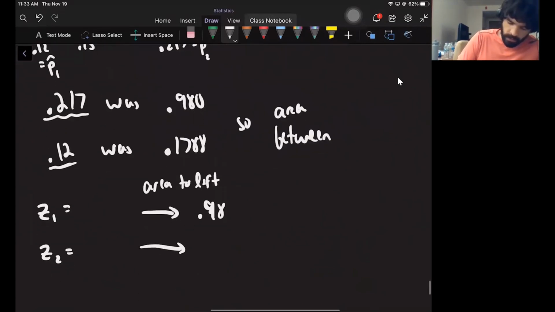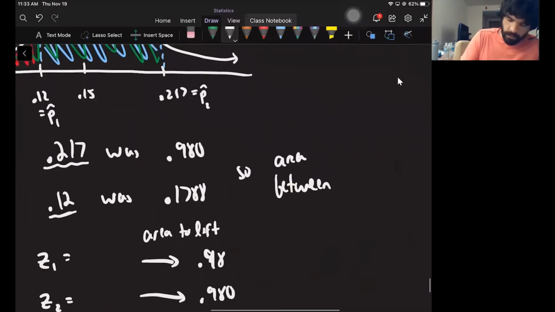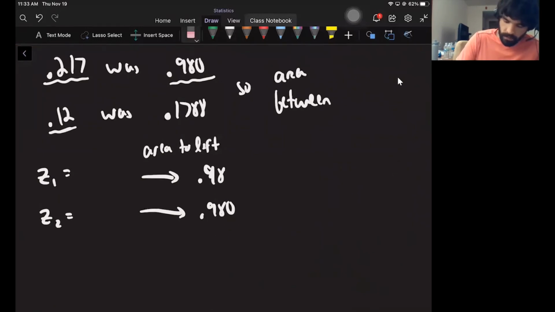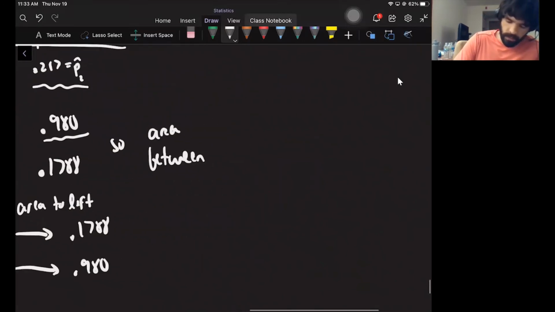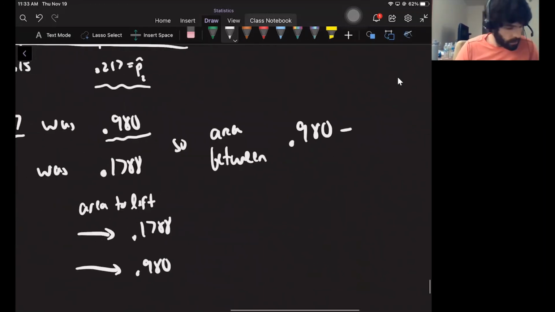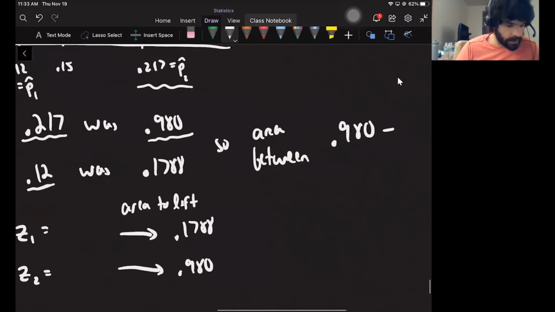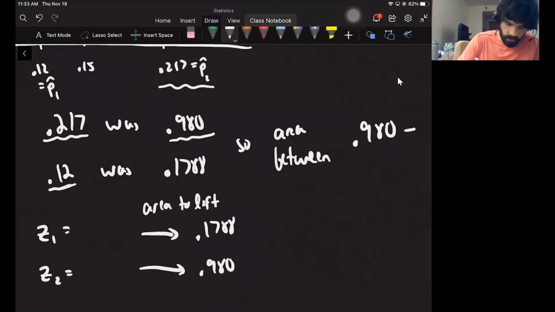This one was 0.980 because it's p2, so z2 goes with that one. And z1 is 0.1788. Sorry, that's not z1, but that's what z1 turns into, the area. So you can scroll back and look at that work to get those z-scores again if you want. I guess I'll just write them here. What were they? This one was 2.06, and the other one was negative 0.92.